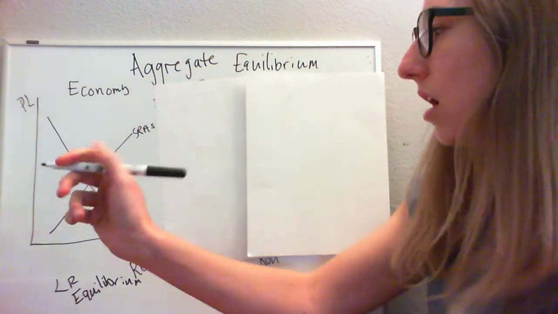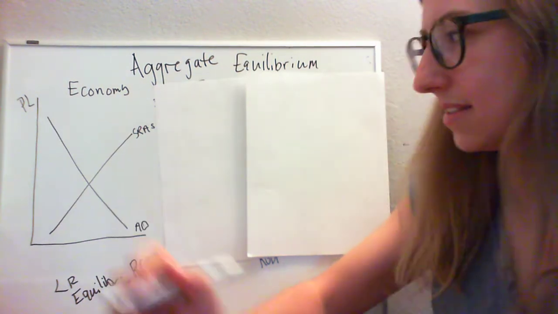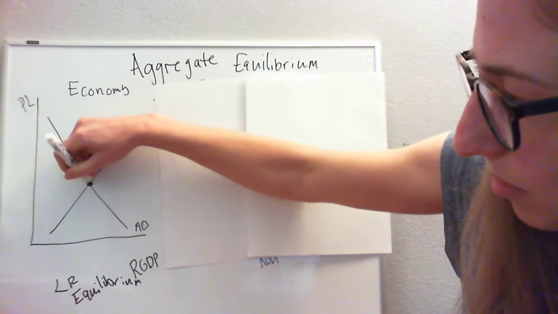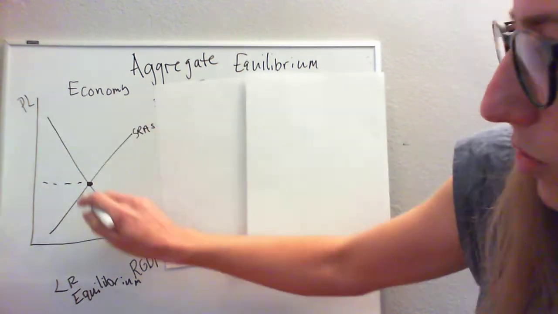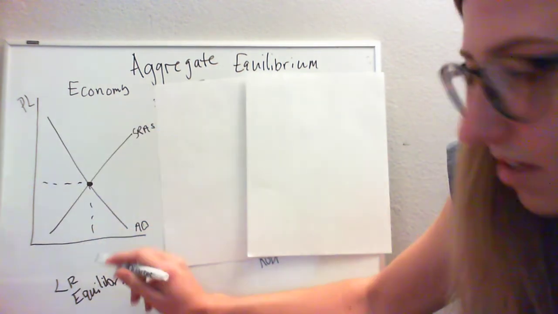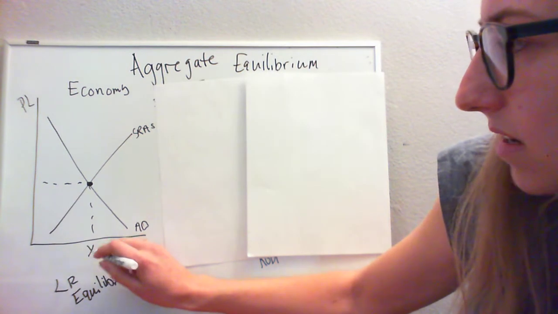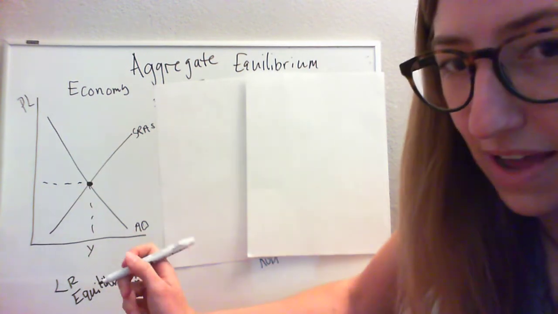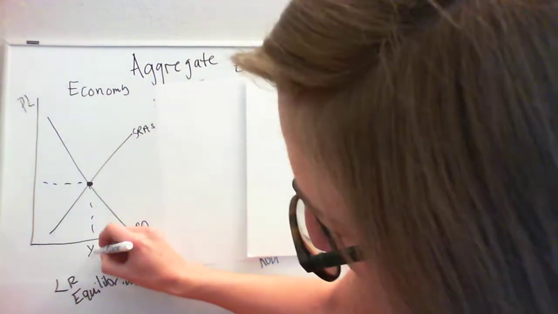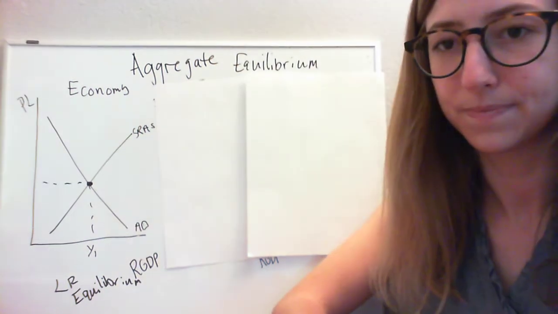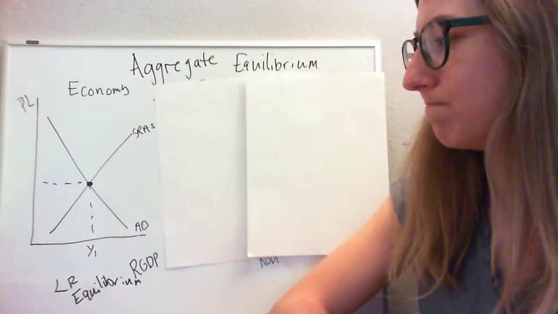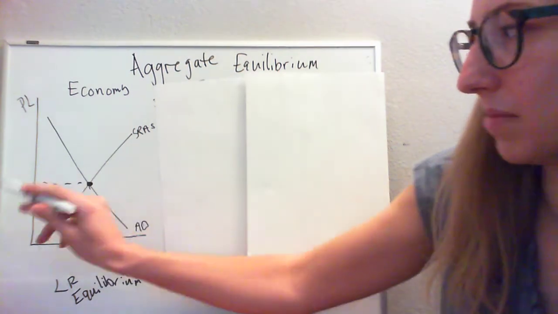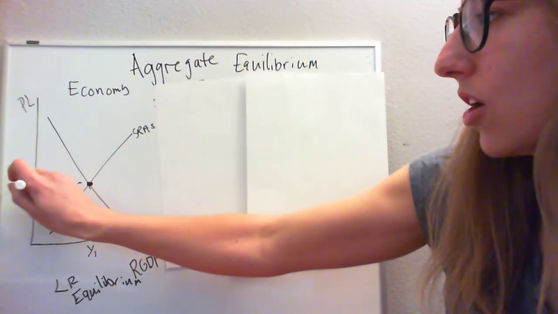Okay, so at long-run equilibrium, that means that the actual output of this economy, which is indicated by the intersection of short-run aggregate supply and aggregate demand, so Y1, we'll call it, or Y actual, and the current price level.